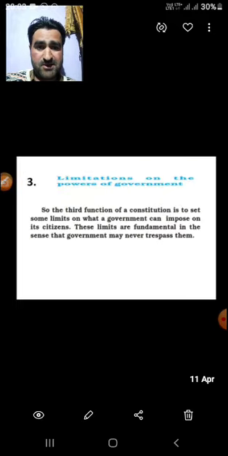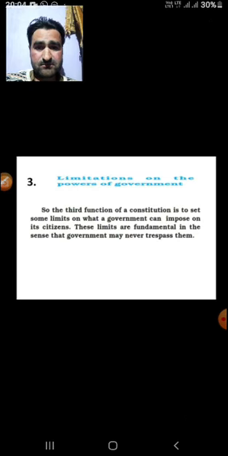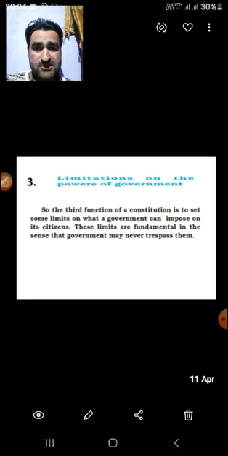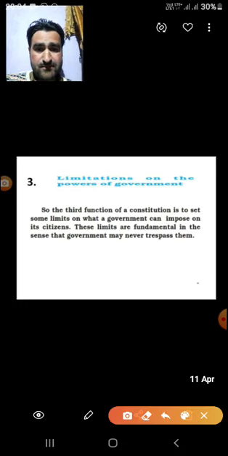Third would be limitations on the powers of government. The third function of the constitution is to set some limits on what a government can impose on its citizens. These limits, in the sense that the government may never trespass them.